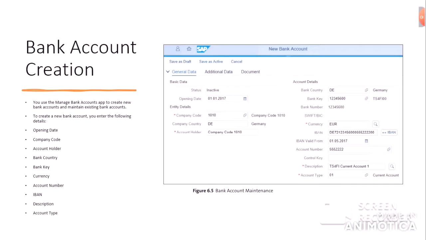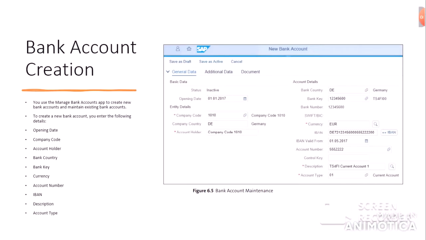You use the manage bank accounts app to create new bank accounts and maintain existing bank accounts. So if we see here in the screenshot, we have given the basic data.